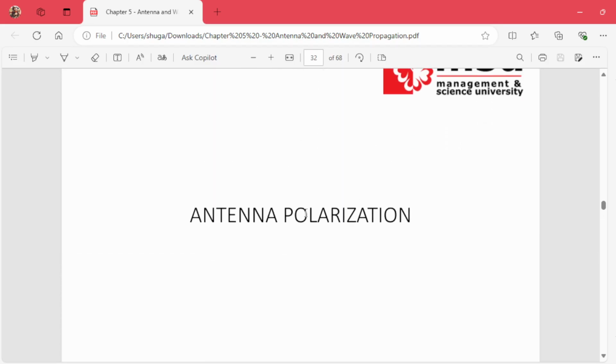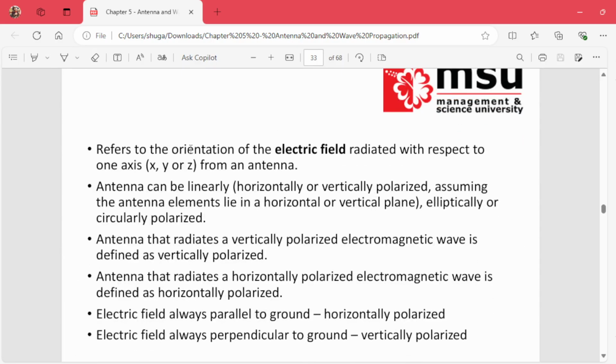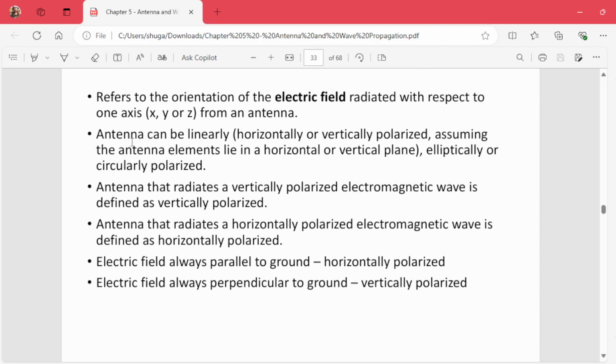Okay, antenna polarization. It refers to the orientation of the electric field radiated with respect to one's axis x, y, or z from the antenna. Antennas can be linearly, horizontally, or vertically polarized, assuming the antenna elements lie in a horizontal or vertical plane, or elliptically or circularly polarized. An antenna that radiates a vertically polarized electromagnetic wave is defined as vertically polarized, and one that radiates a horizontally polarized electromagnetic wave is defined as horizontally polarized.